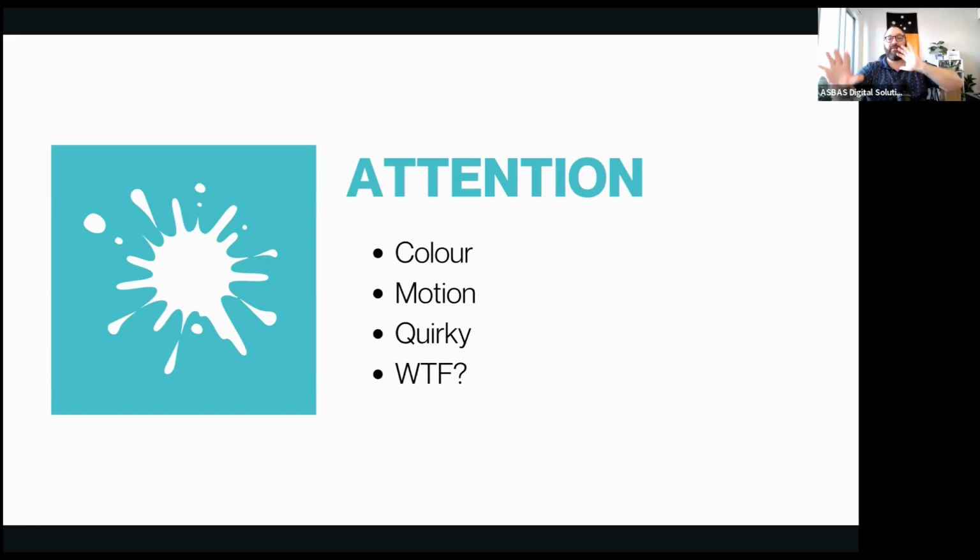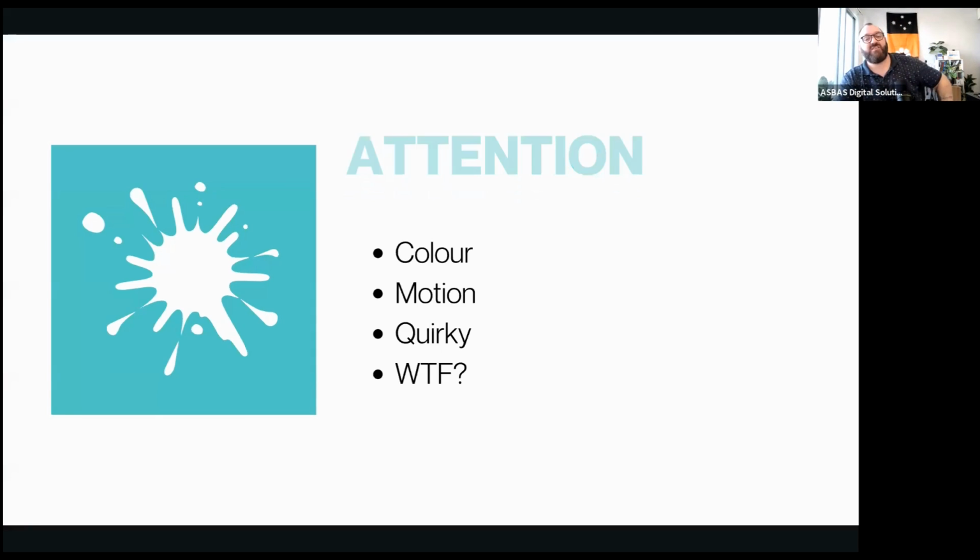Think of contrast: black and white, blue and red, green and gold, swirling colors that move, swirling backgrounds, high impact graphics, like the video of the sales funnel I was showing you earlier. That would get your attention because it's colorful and it's moving. So that's the attention level.